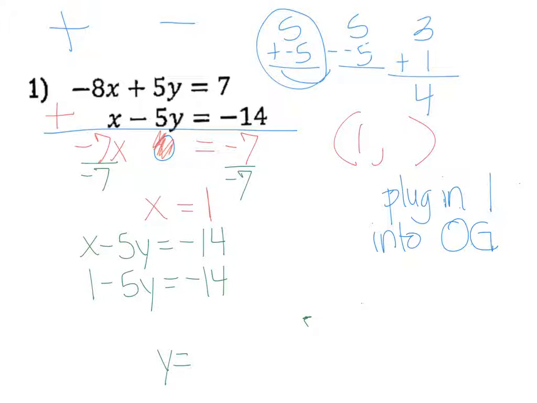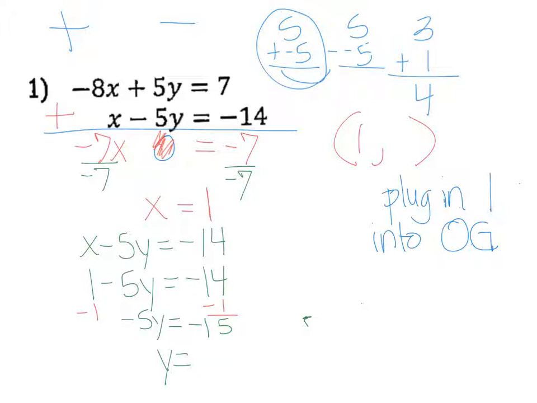This one right here, because it's positive. Okay. Negative 5y equals negative 14 minus 1. Is it 13 or is it 15? 15. Negative 15.